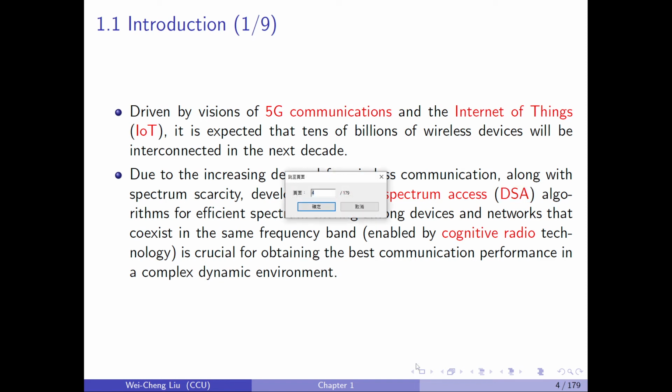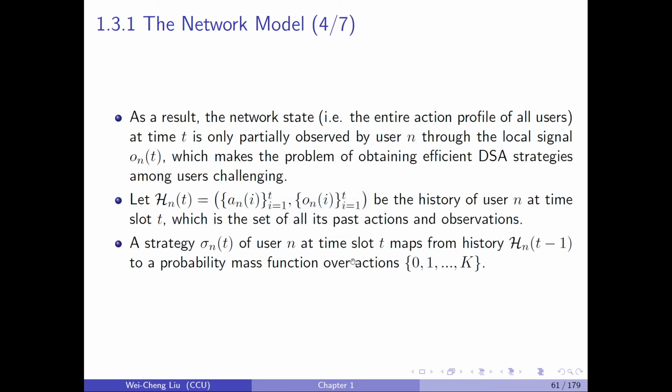Let us go back to page 61. DSA strategies among users challenging. Let H_n(t) be equal to {A_n(i), O_n(i)}, where i is equal to 1 to t. Do you remember what is A_n(i)?